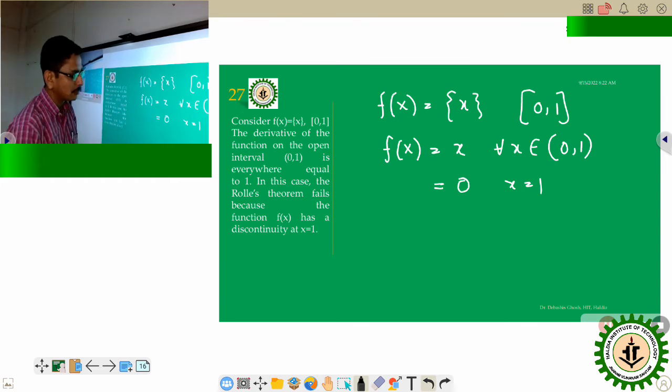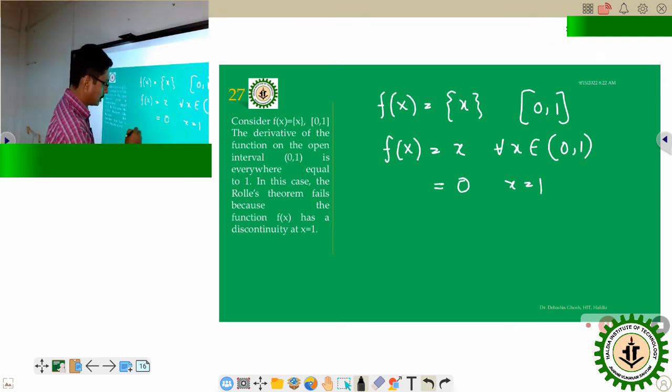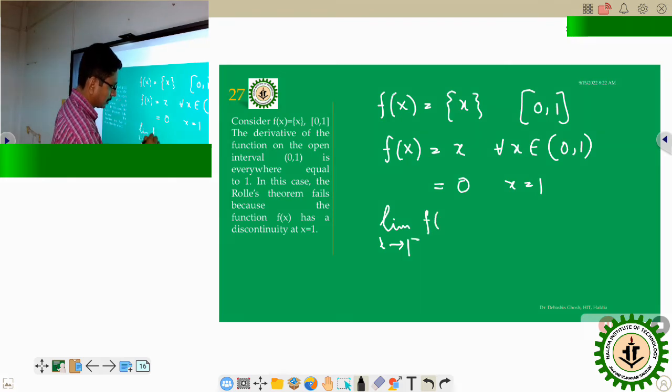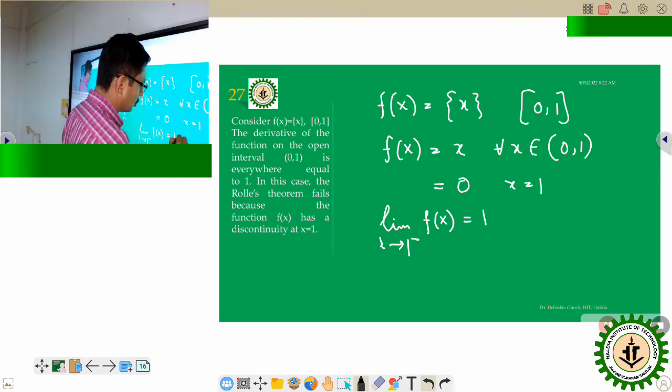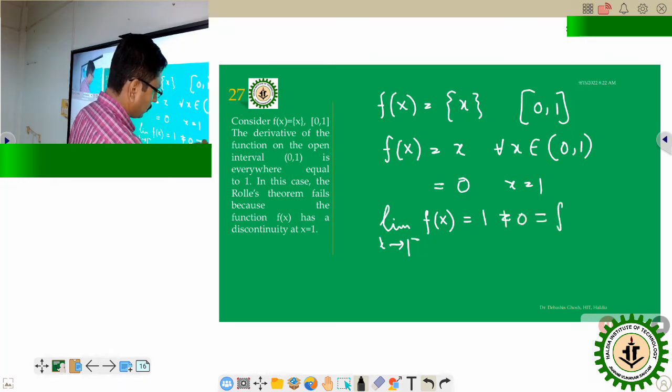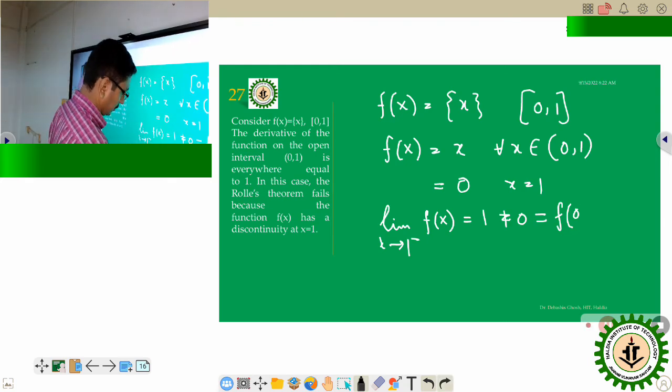Therefore, if you take the left hand limit of this function, that is the limit as x tends to 1 minus of f of x, we get the value 1. But the functional value at the point x equals 1 is 0, so f of 1 is not equal to that limit. So we can claim that f of x is not continuous.